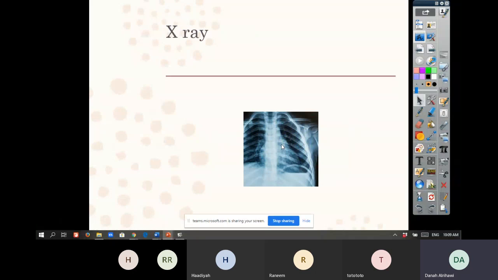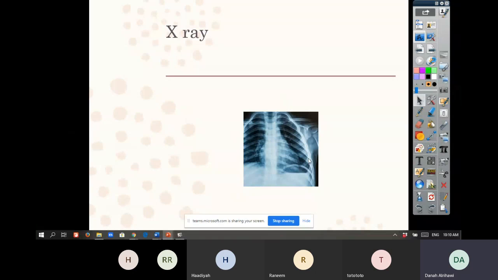Now the next one is X-ray. X-ray is a wavelength. We cannot see it also, and doctors use it to see inside people. We use it if there's a fracture in your hands or something. And also we use this when we go by the airport.